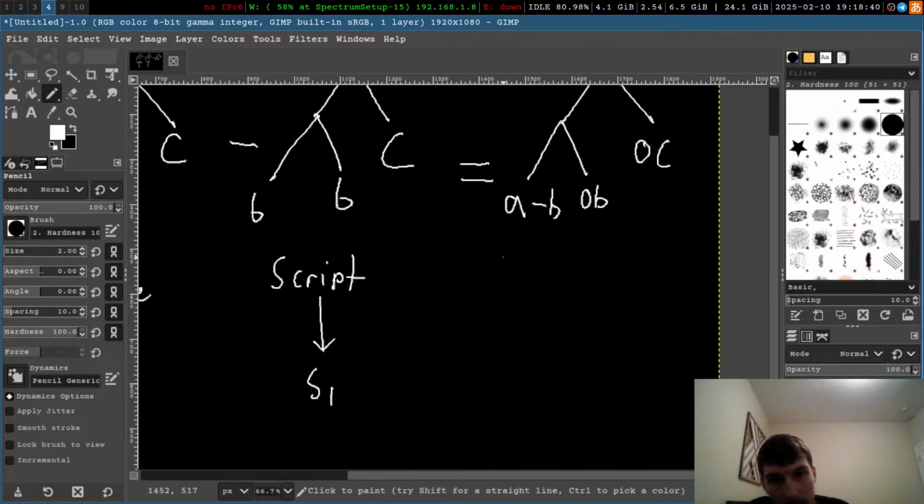Well, that's easy. It's dS, which is literally just S1 minus S, right? And what does this mean? Well, dS describes the difference in how to get there.